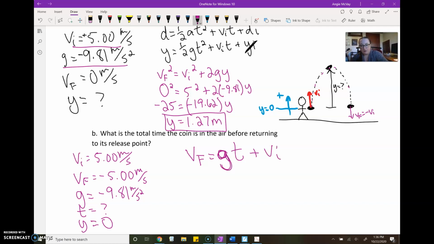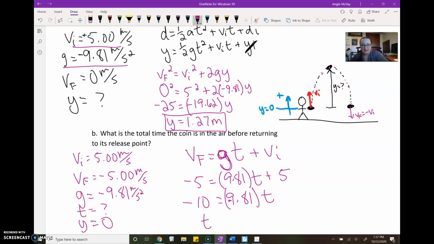Okay, so I would do negative 5 equals negative 9.81 t plus the initial, which is a positive 5. Okay, when we solve this, we subtract 5 from both sides and we get negative 10 equals negative 9.81 times time. And we solve for time.